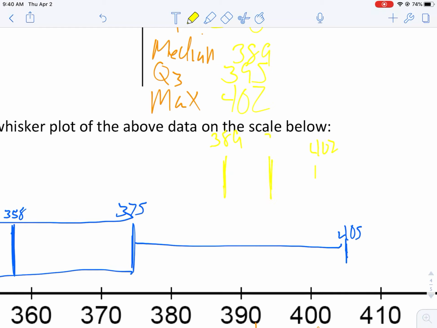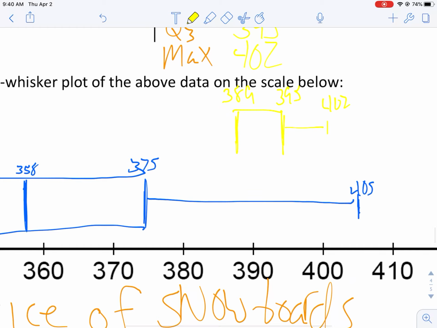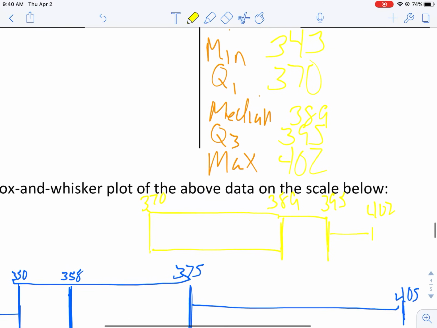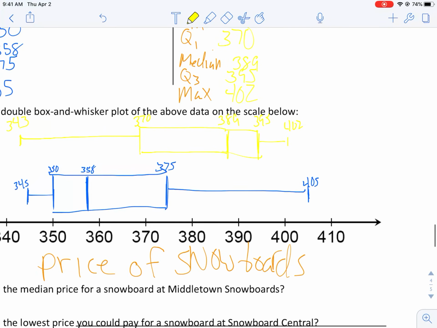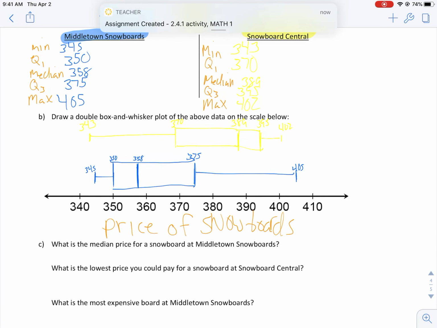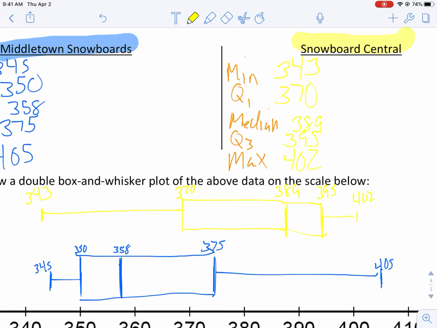Q3 is 395. Q1 is all the way down here at 370. Then the minimum is 343. Okay, so that is what my data distribution should look like right there.